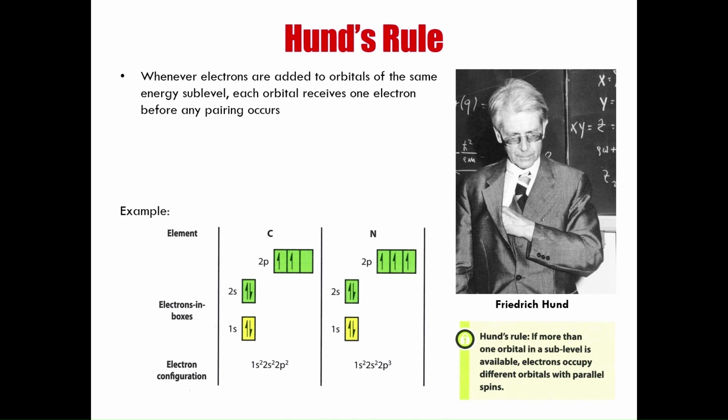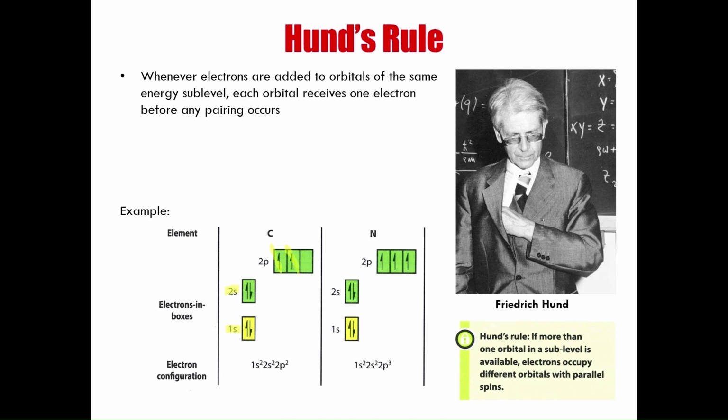So if you look at carbon, carbon has 6 electrons. The first 2 electrons go to the 1s orbital, the second 2 to the 2s orbital. Because carbon has 3 p orbitals and only 2 electrons remaining, the first 2 p orbitals will both receive 1 electron.